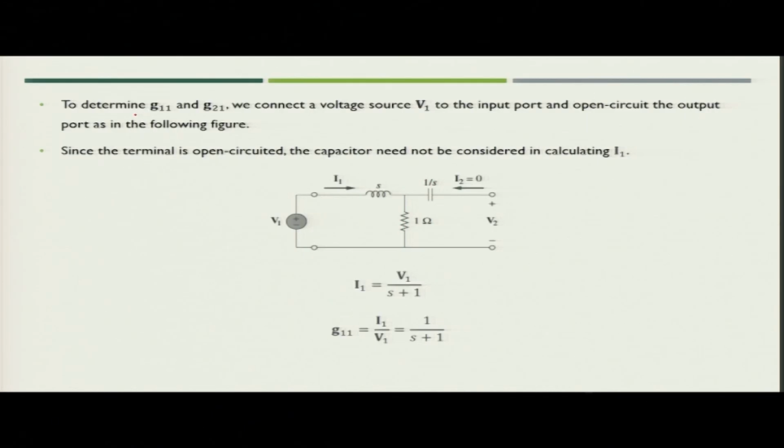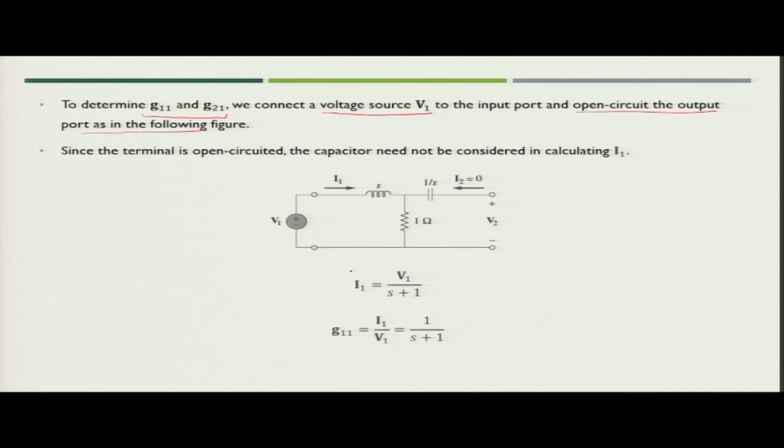Now, to find out the value of G11 and G21, what we will do? We will connect a voltage source V1 to the input port and we will open circuit the output port as we see in this figure. So, here now what will happen? I2 will be 0 and we will have current I1 flowing from the input port. Now, what is the value of I1?